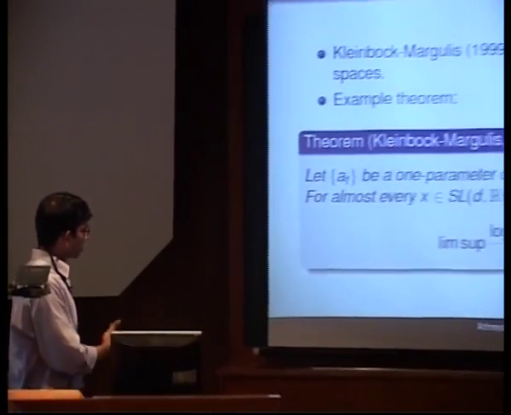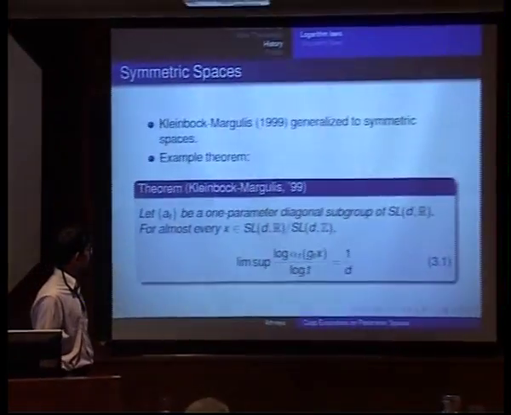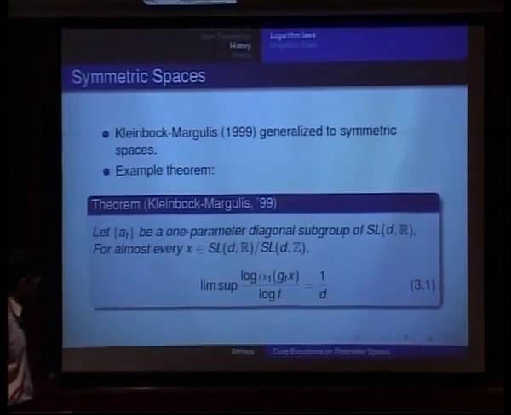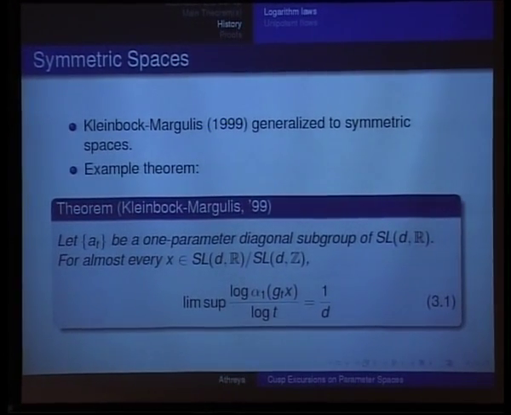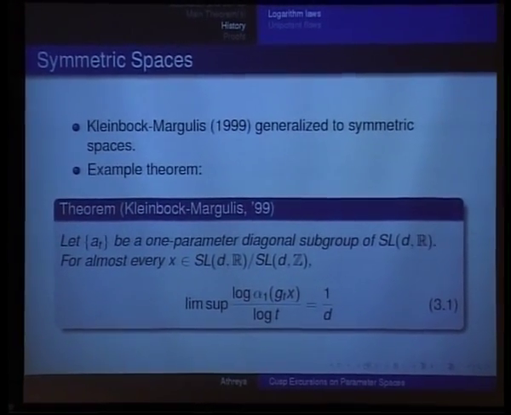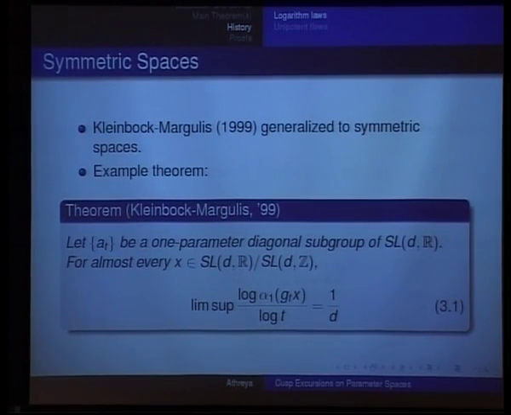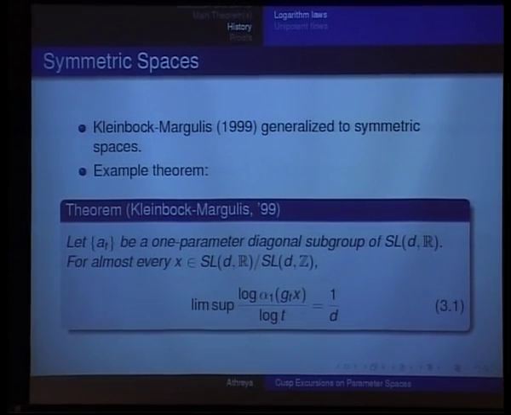For almost every starting point, for almost every lattice with respect to the Haar measure on the group, the lim sup as t goes to infinity of log alpha_1 of g_t x over log t is 1 over d. Sorry, a_t. Yeah, it's a_t.